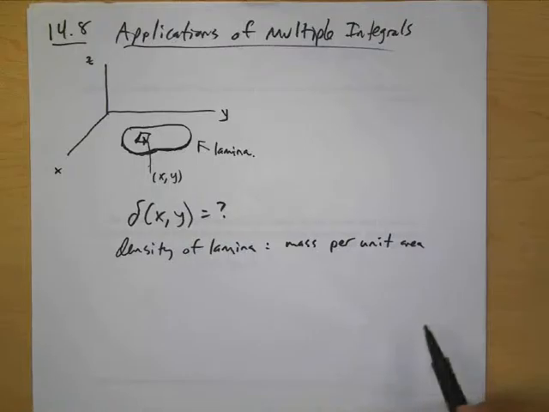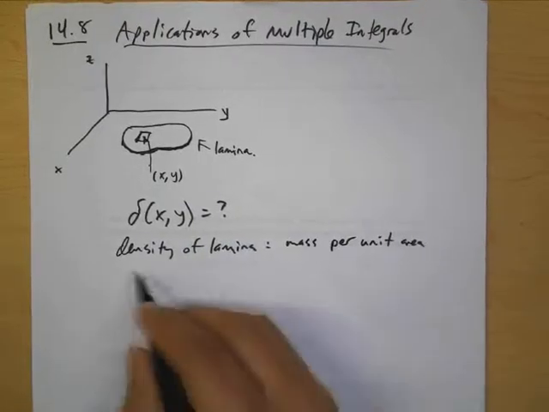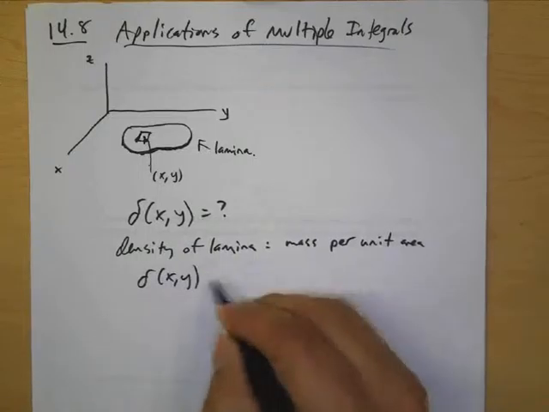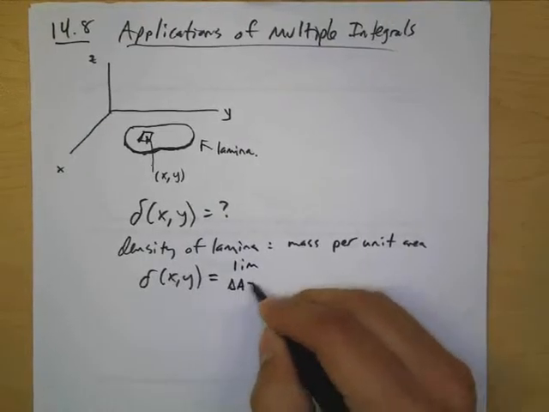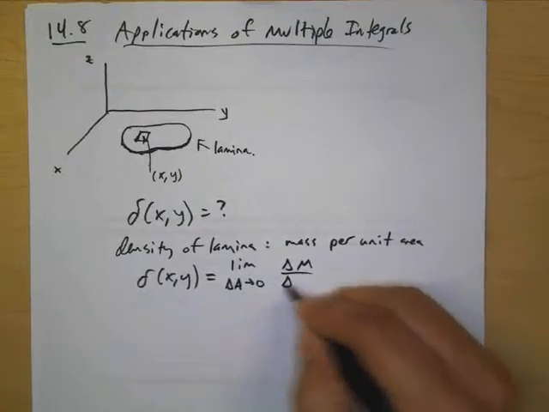Again, because we have very little thickness here. So then, if I write that out, what we want to do is take the limit as this area approaches 0. So then we'll have change in mass over change in area.